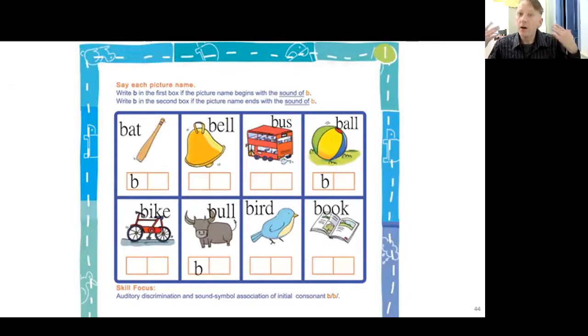They have the beginning sound. Correct, because the B is the sound you hear at the beginning of each word. B. So we'll go through one more time. Bat, bell, bus, ball, bike, bull, bird, book.